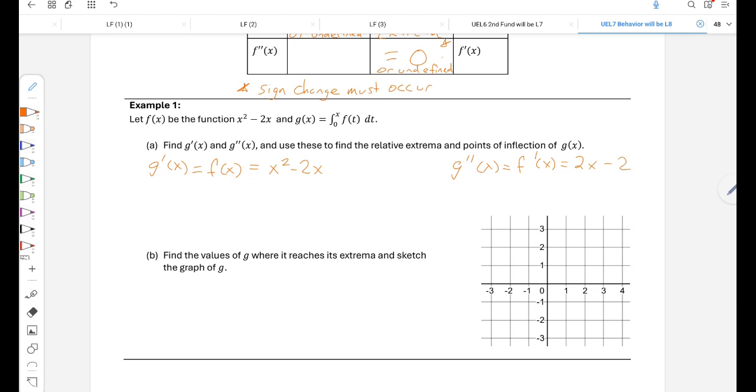All righty. So we want to find the relative extrema and the points of inflection there. So let's go ahead and factor x squared minus 2x. Take the x out, x times x minus 2, which means that my critical values are 0 and 2.